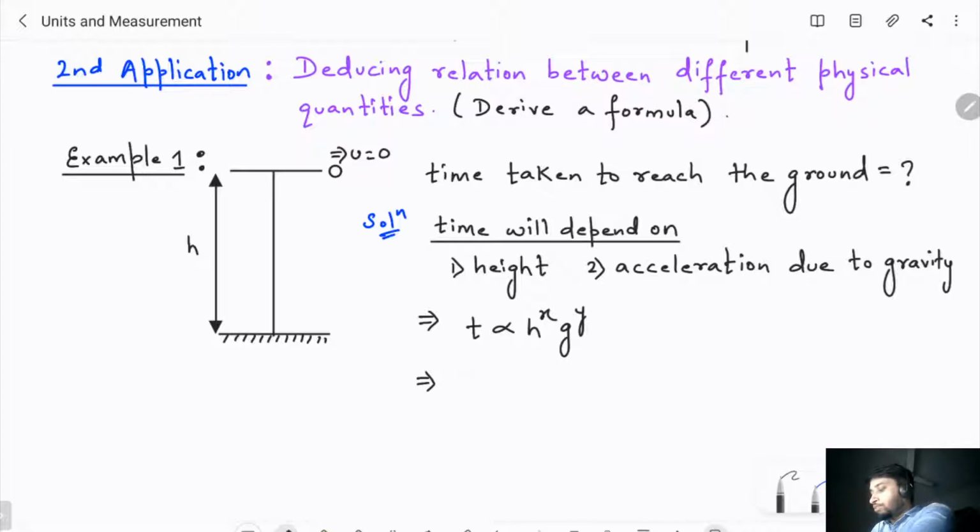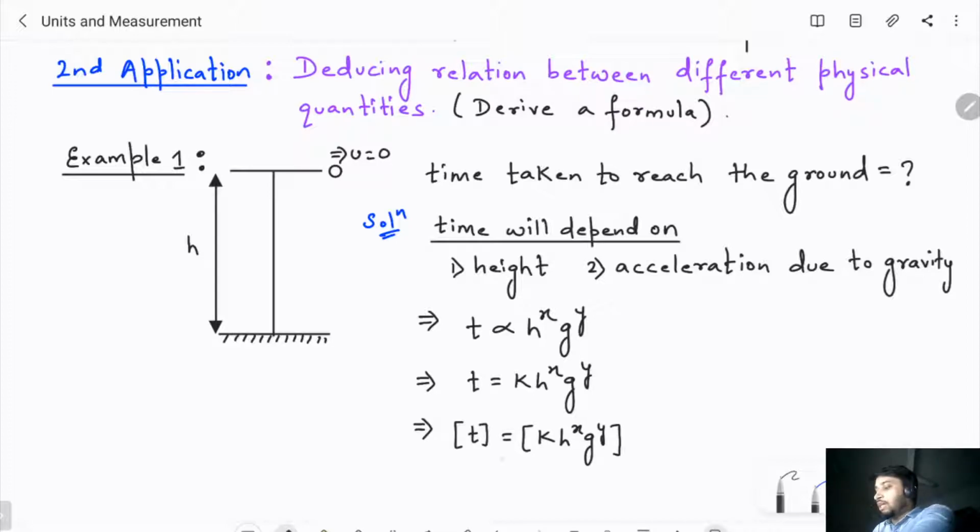So there will be some proportionality constant that can be written as k into h to the power x and g to the power y. Next step is we'll equate the dimensions on both sides. So dimension of t will be same as dimension of k into h to the power x and g to the power y.